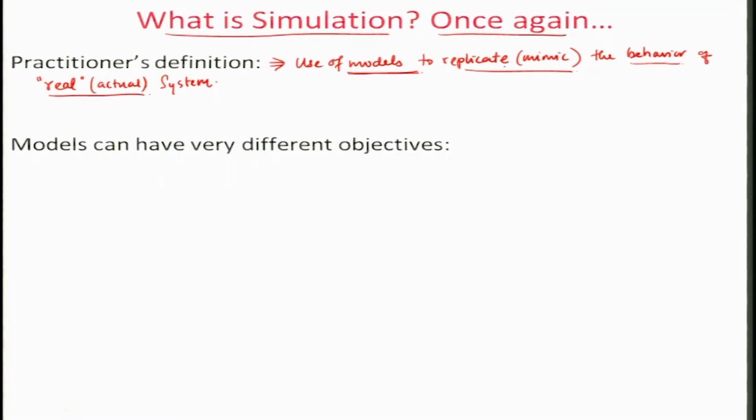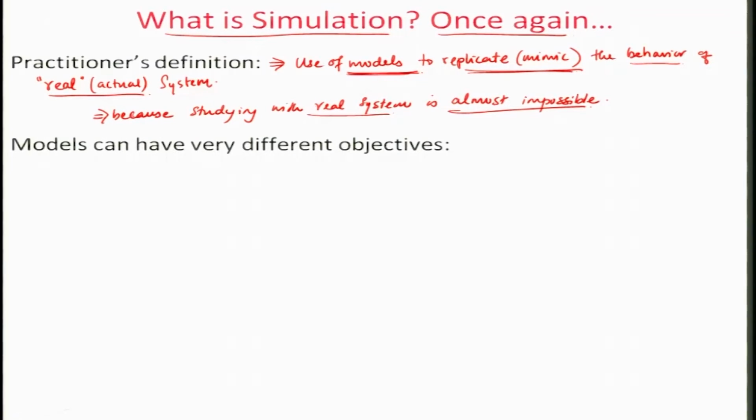So, instead you use a model to replicate or mimic that behavior, because studying with the real system is almost impossible, or cost prohibitive. Because of that reason you actually use models to mimic or replicate the behavior of the actual system.